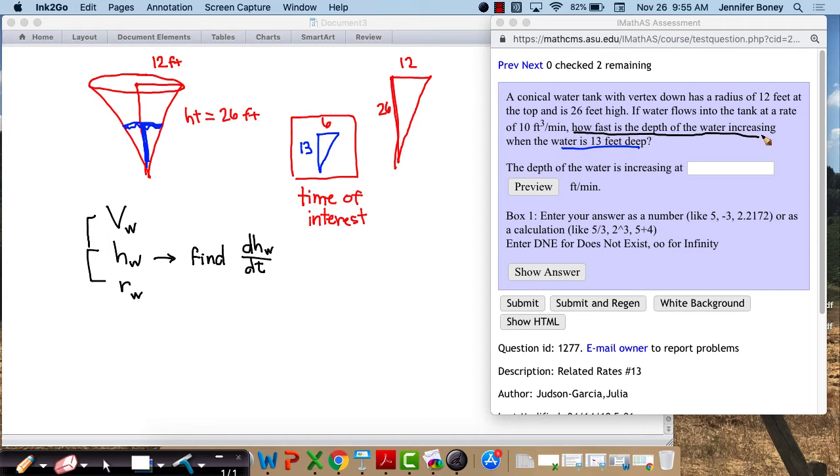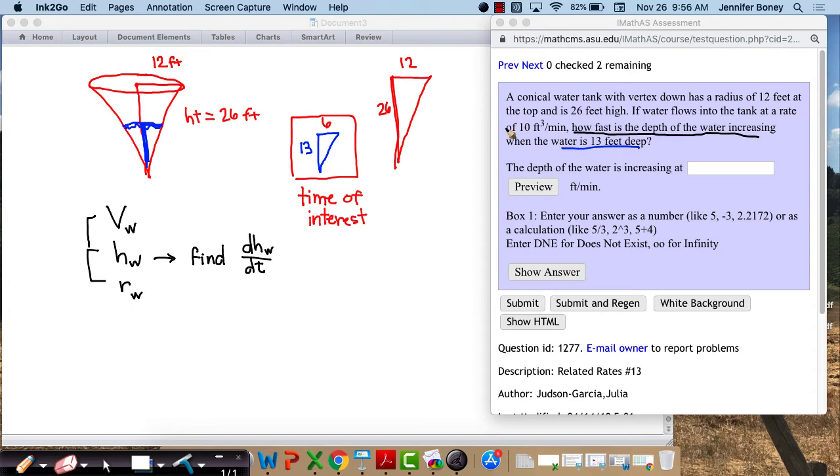And then it gives us some other information, when such and such happens, and that's to help us out. But we're finding the rate of change of this height of the water in the tank with respect to time when we have two pieces of information. Water flows into the tank at a rate of 10 cubic feet per minute. Water flows into the tank. That's happening all the time. This is a constant rate, so I don't have to worry about, is this true sometimes or only now?